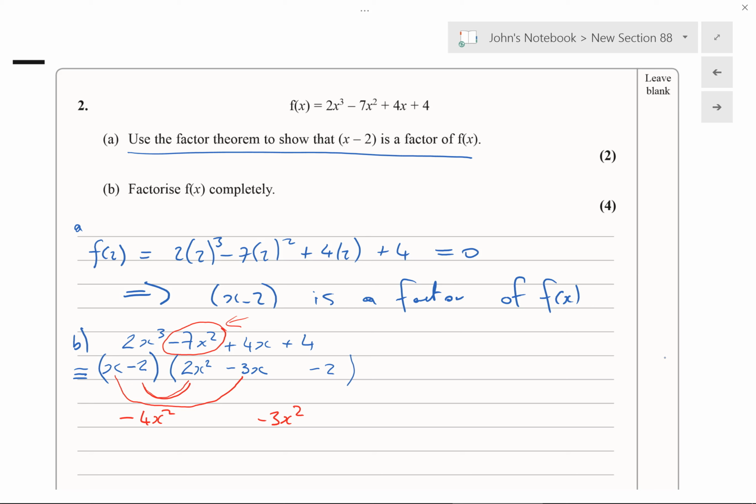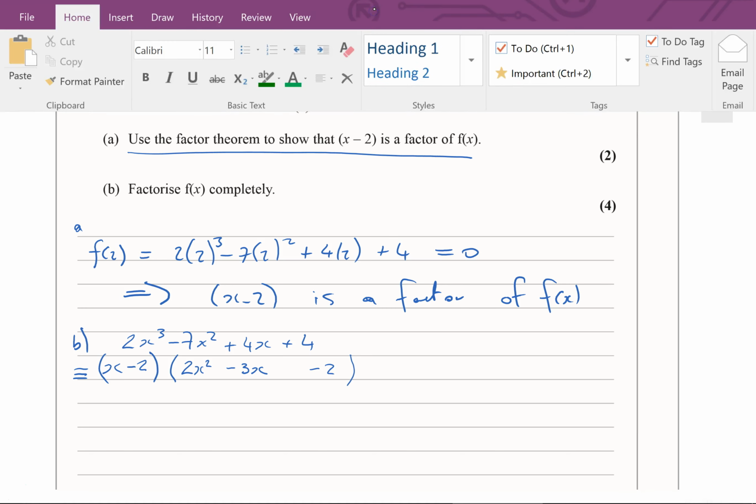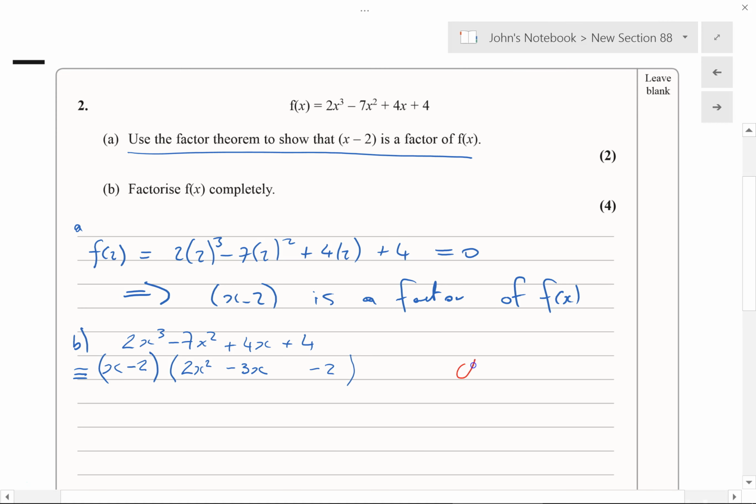However, I would take care that we can check. So let's just rub those annotations out now. I'm going to check this just because those of you who know me know I'm always screwing up with stuff. So one way of checking this is to check that the other term, plus 4x, would be correct.